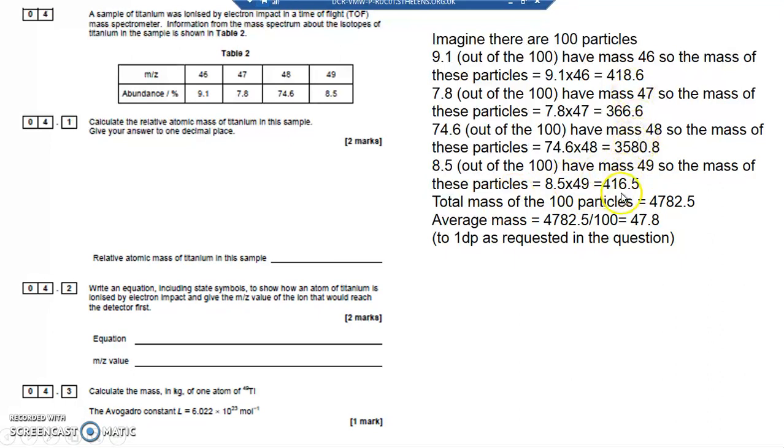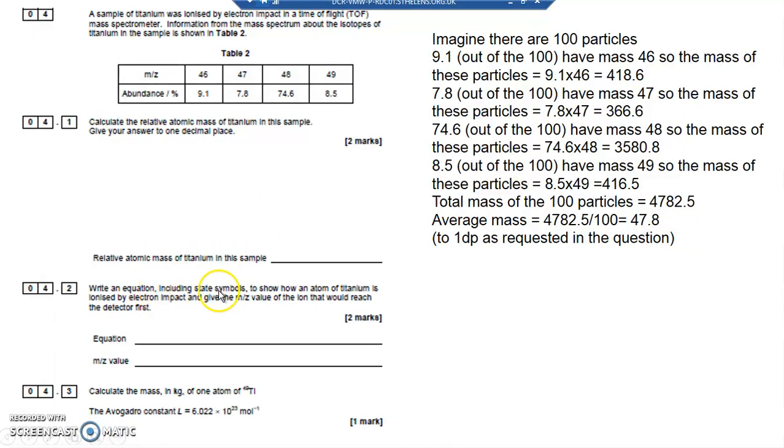So the total mass of all of the 100 particles altogether, if you add them all up, is 4782.5. The average is the total mass, 4782.5, divided by the number of particles, 100, which is 47.8. It requests it to 1 decimal place, and we've given it to 1 decimal place, 47.8.